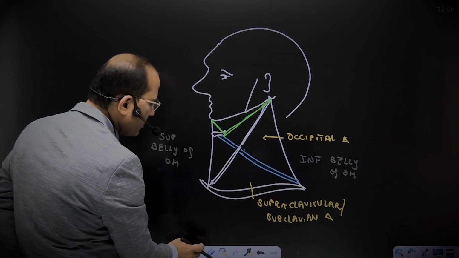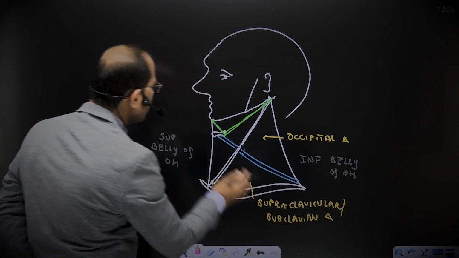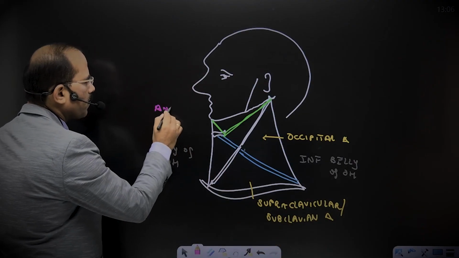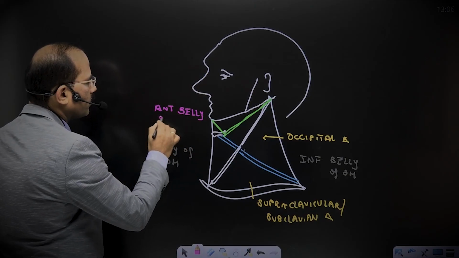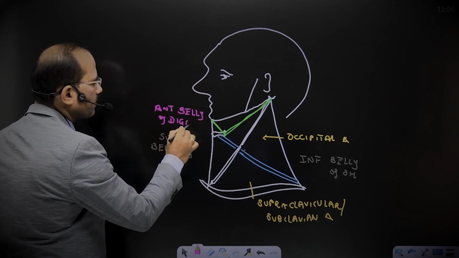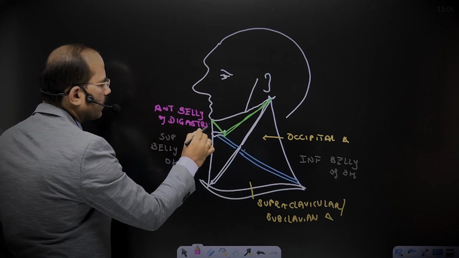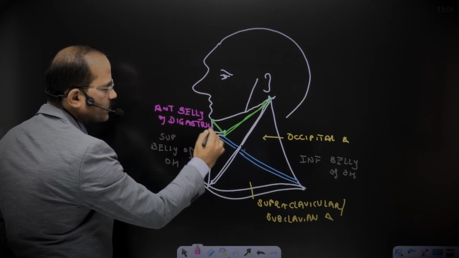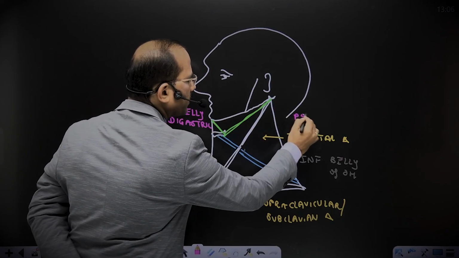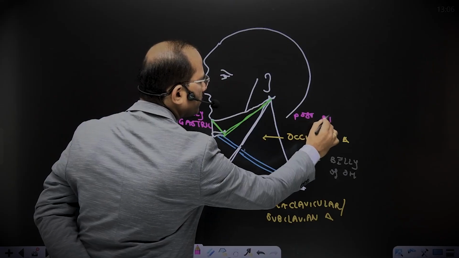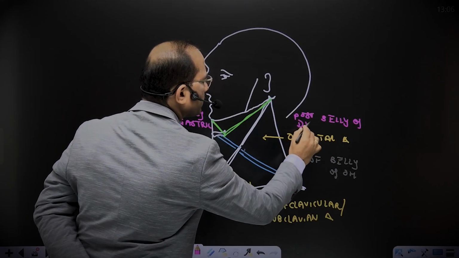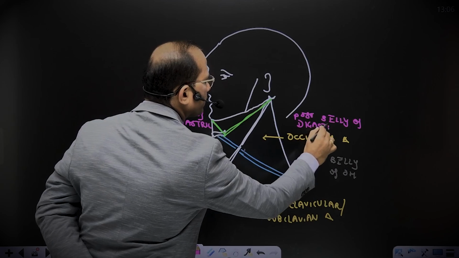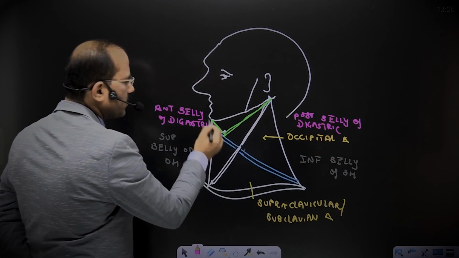That's the anterior belly of digastric. And that's the posterior belly of digastric.